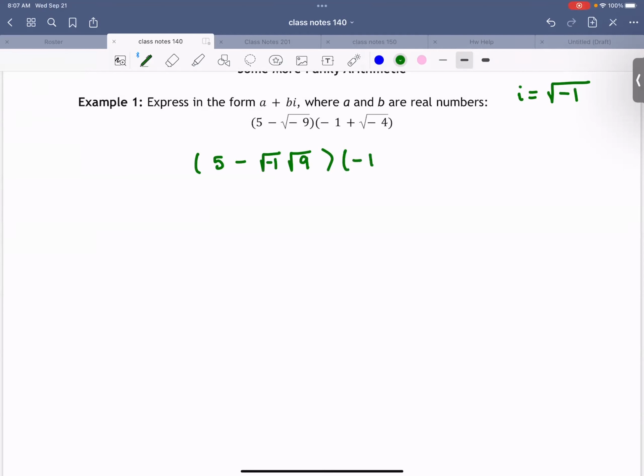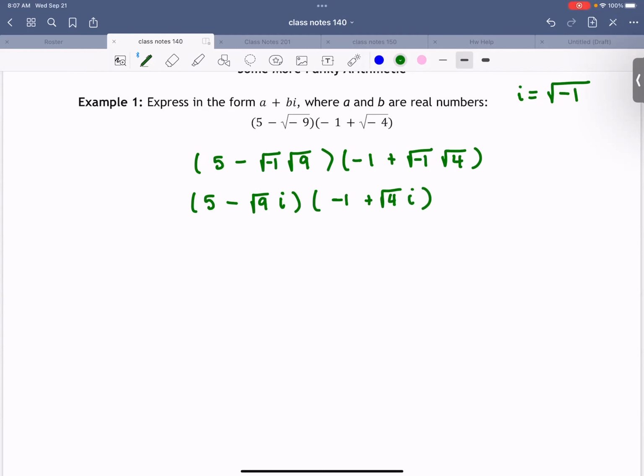The same thing goes with the other one, but I have -1 times +4. Well, we know the square root of -1 is i, so instead of writing the square root of -1, I'll write i. Typically i is always written after the number. I don't care if you write it before the number, but let's just go ahead and write it after.